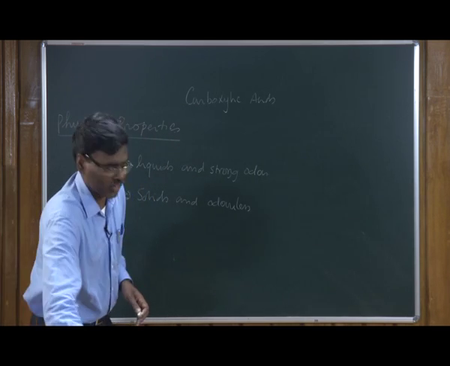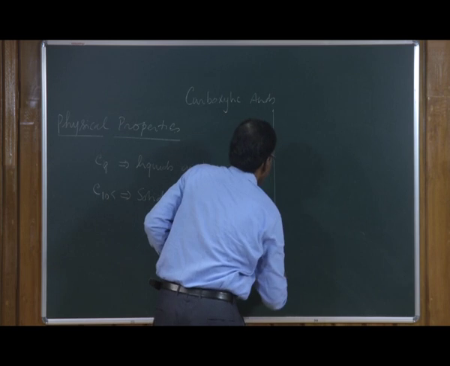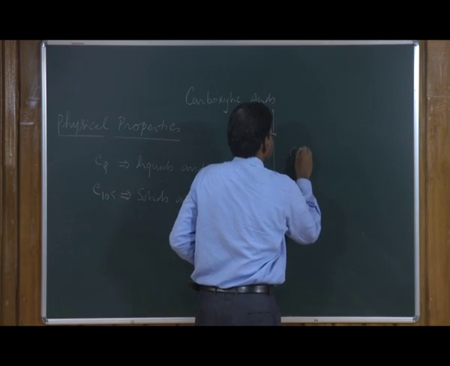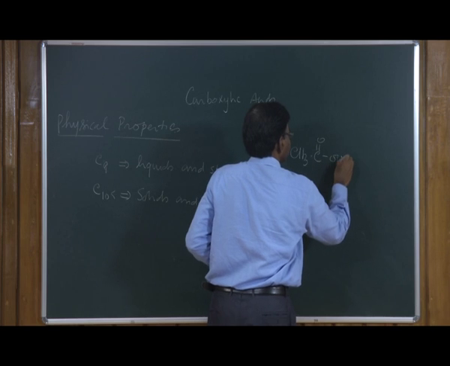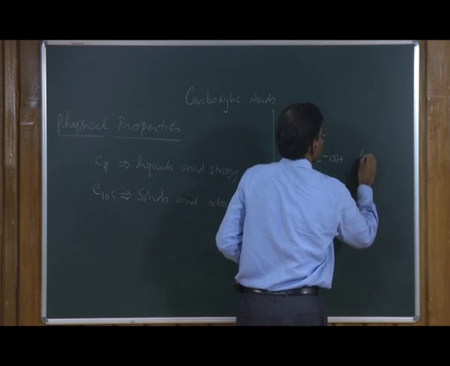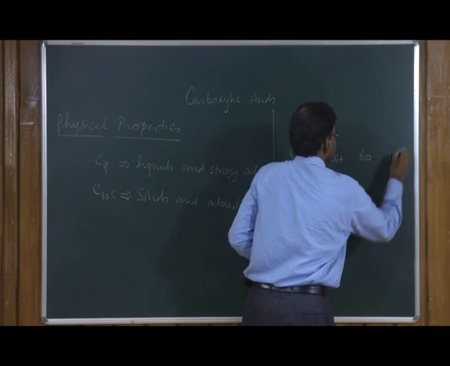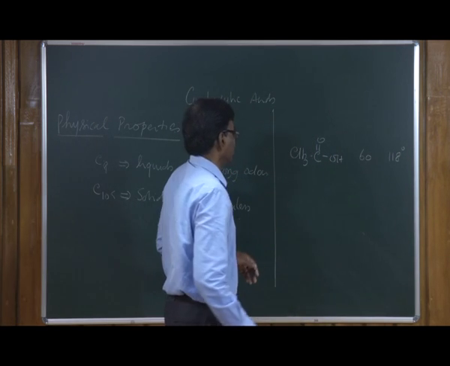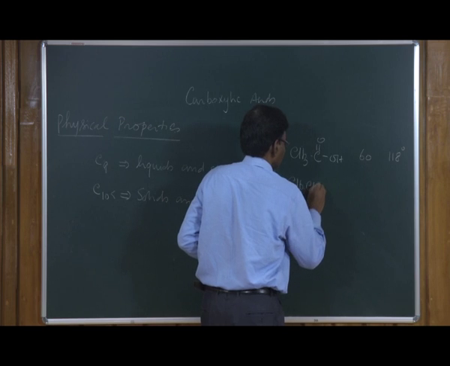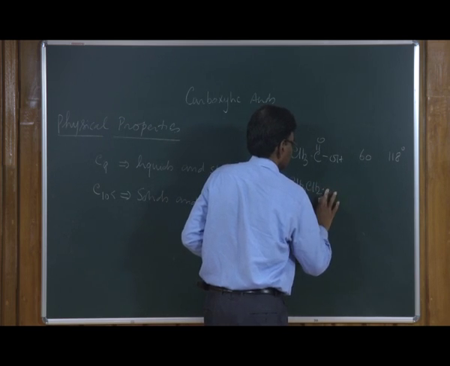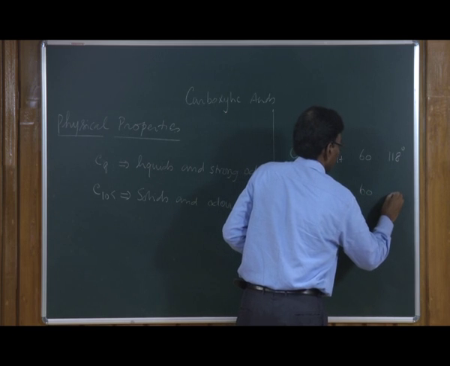For example, consider acetic acid or ethanoic acid, its molecular weight is 60. The boiling point is 118 degrees. And if you compare with its corresponding alcohol that has a similar molecular weight, propanol, the boiling point is 87.